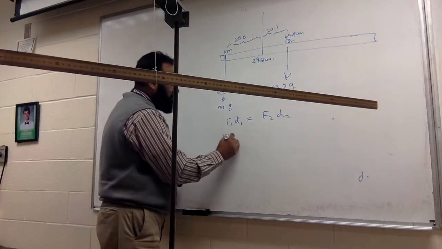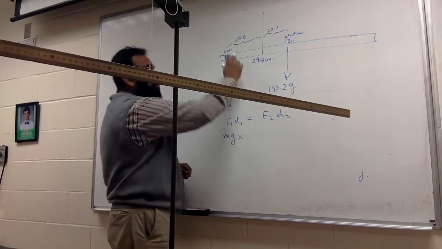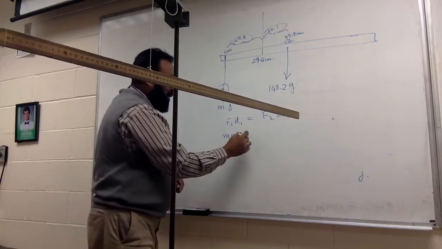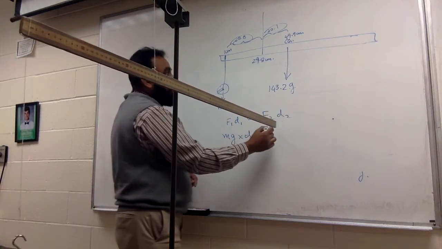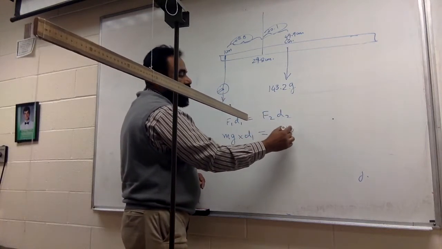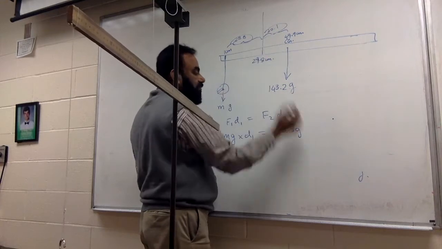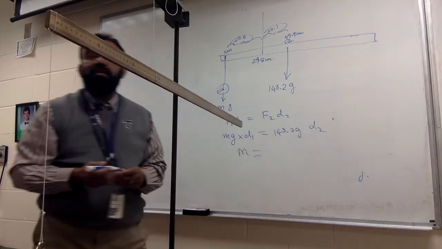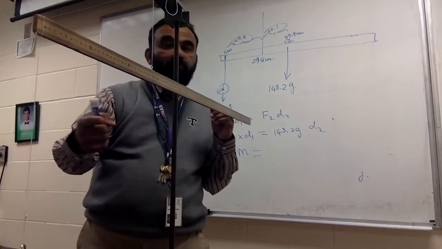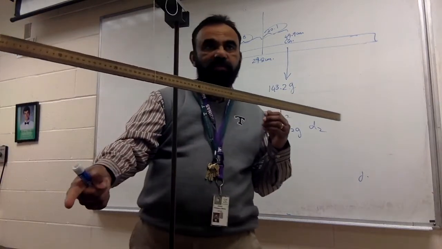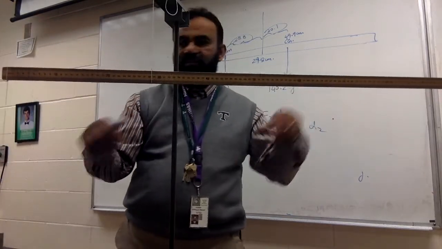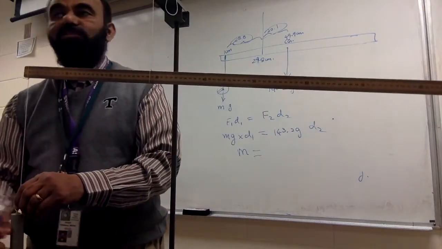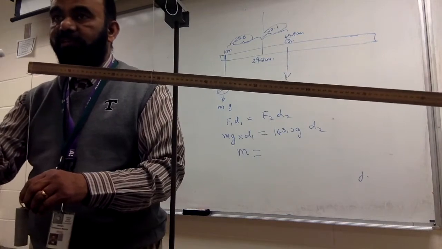So it will be mg times d1 is equal to 143.2 g times d2, whatever those numbers are, since they will be different. And then calculate this. What will that be? The mass of the unknown object. What do you do after that? Take it out from here, take it to the scale, and weigh it. So you will know the actual. Do you understand what I'm saying?